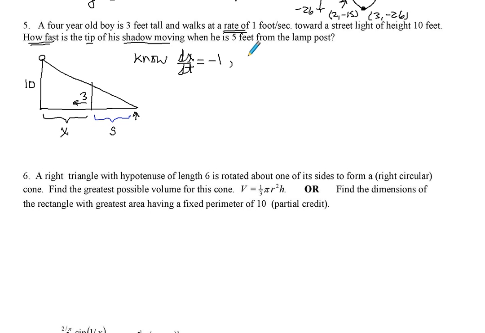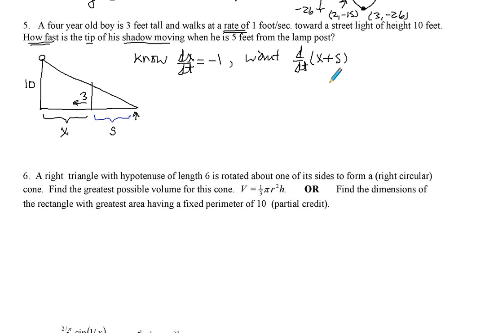And let's see here. What we want is how fast is the tip of the shadow moving. Okay, well the tip of the shadow, that's going to be the rate of change of this whole side length of the bottom of that triangle. Okay, so we want the derivative with respect to time of x plus s.